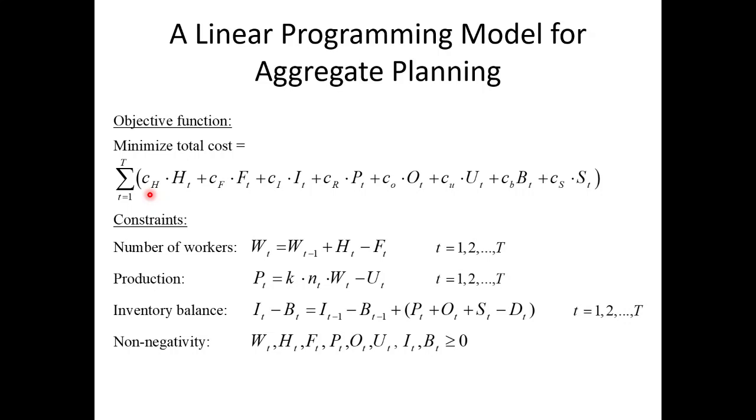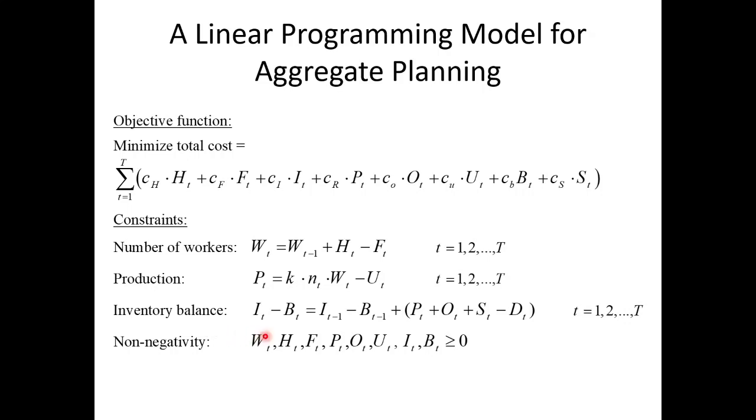After that, we have constraints. The constraints represent the mathematical relationships between the decision variables and the problem parameters. Remember, we have in the aggregate planning model these three equations, which represent the mathematical relationships that we talked about earlier.